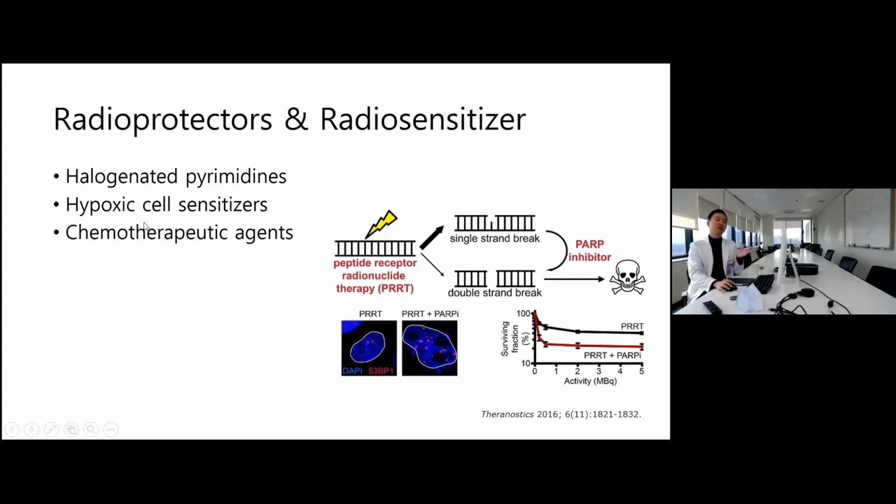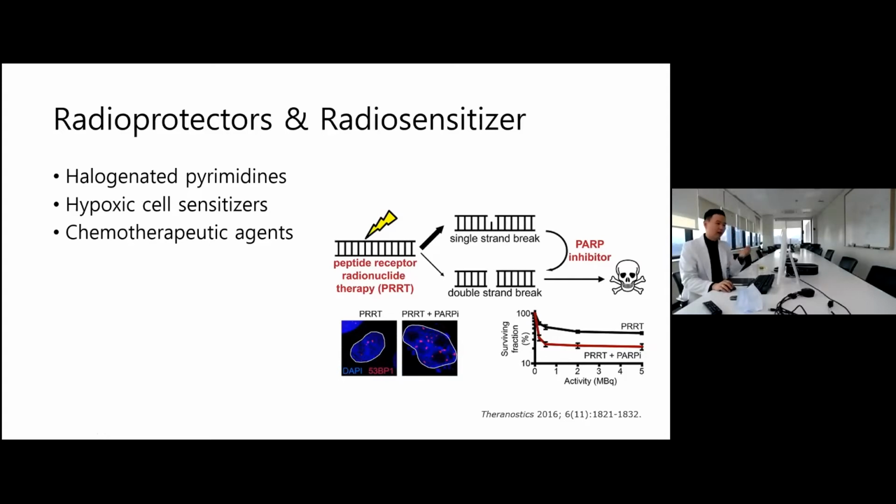How it works is that halogenated pyrimidine is similar to the normal DNA precursor thymidine, and it can replace the base of thymidine. When it replaces thymidine, it weakens the DNA chain, so it can make the DNA more vulnerable to the radiation.